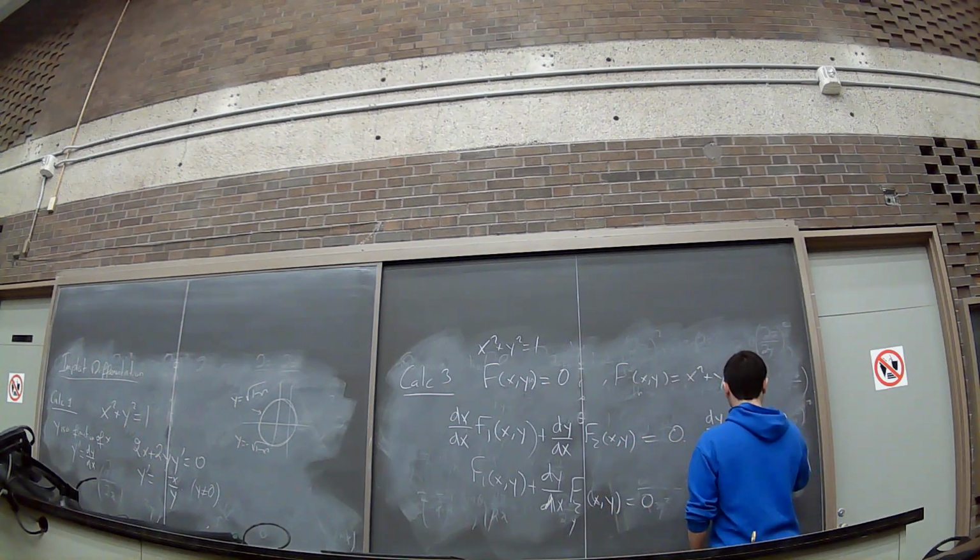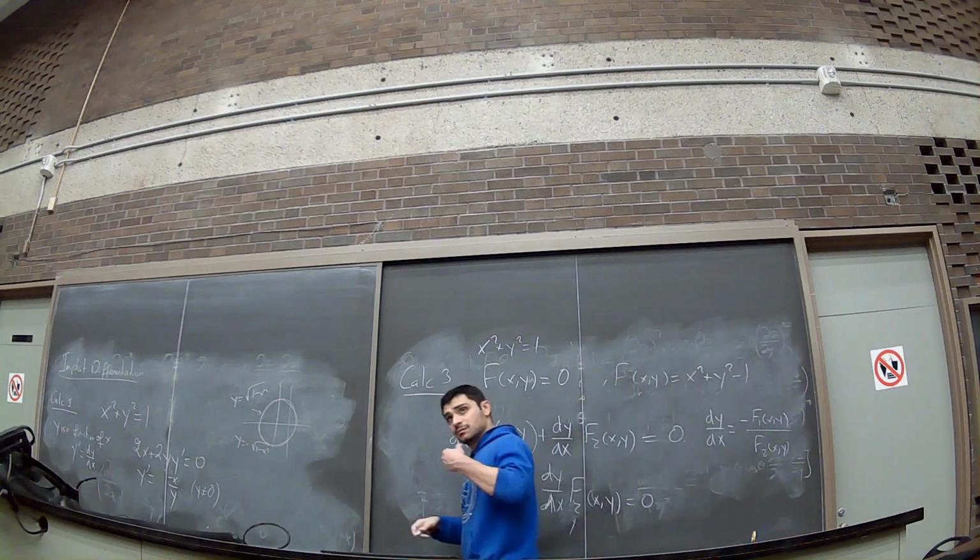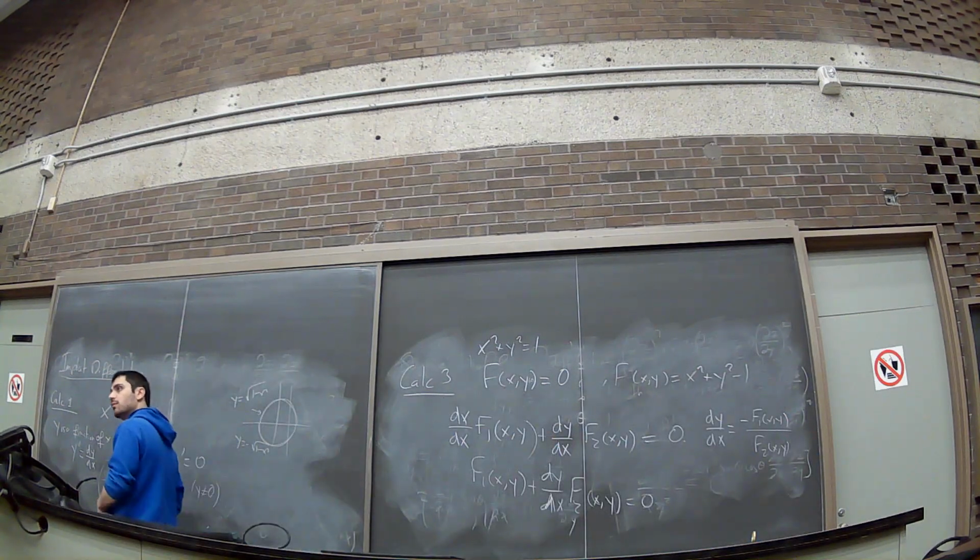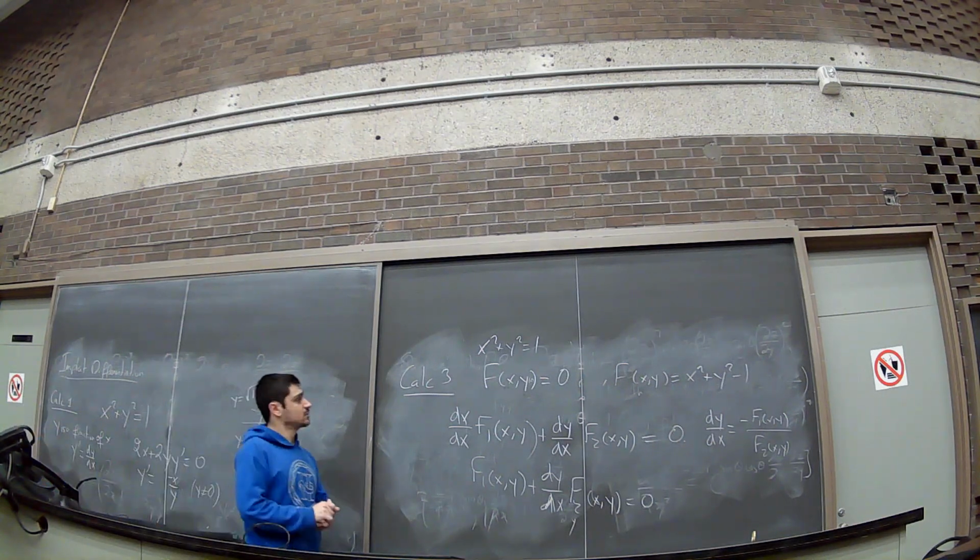Okay, now we will not worry too much about the conditions. We will worry about them maybe tomorrow, when we do the full function theorem. Is that clear? Does that make sense? Everybody, does that make sense? 100%. Yes? Y is a function of x.